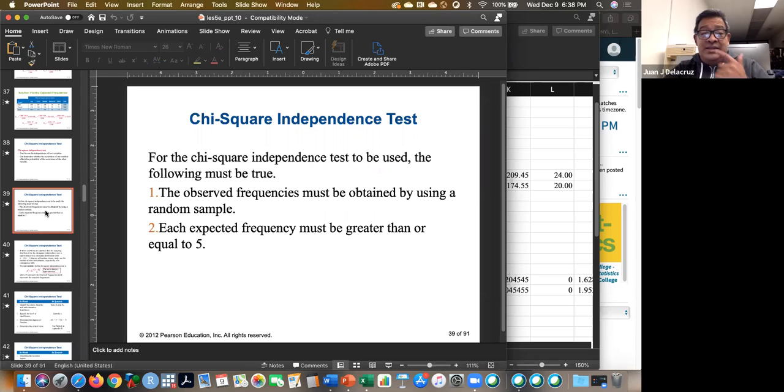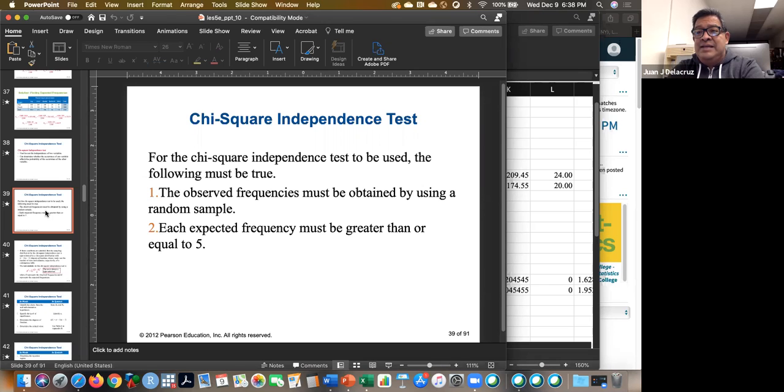For the chi-square independence test to be used, the following must be true. Once again, we need the samples to be random. Randomness, I will not stop saying that, provides unbiased estimations. And each cell must be greater or equal to 5.